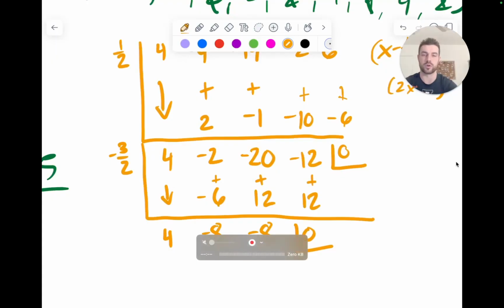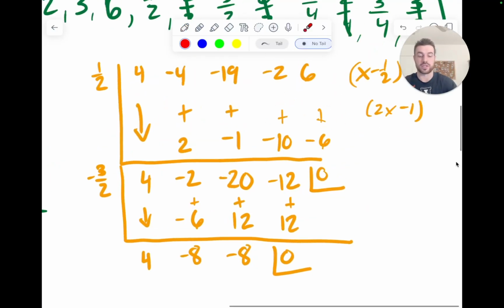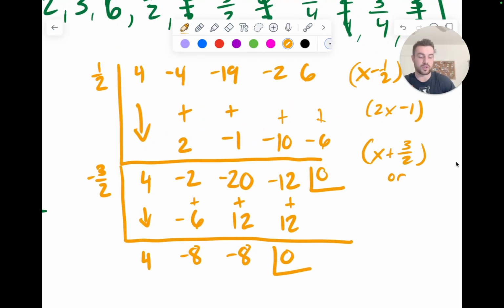So now what I'm going to want to do is rewrite my solution of x equals -3/2 as a factor, just kind of like what we did previously over here. So as a factor, that's going to be x plus 3/2, or we could write that as 2x plus 3.